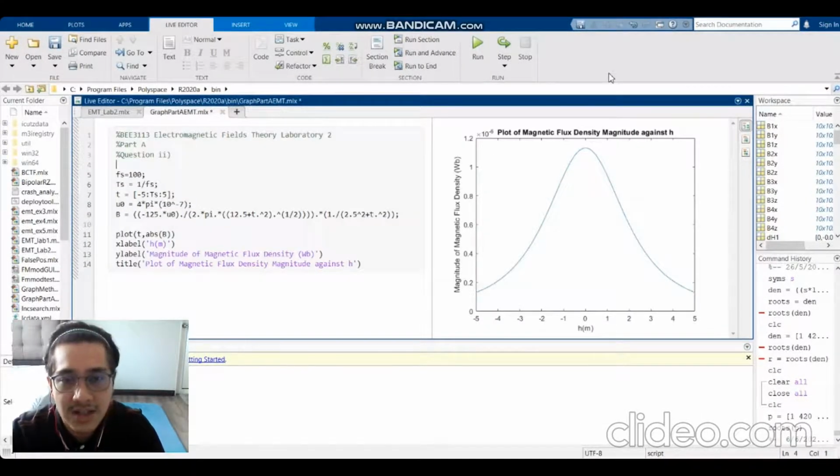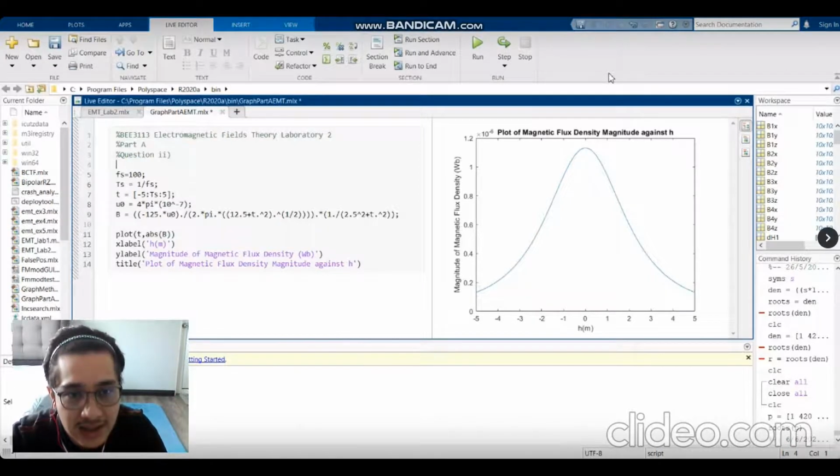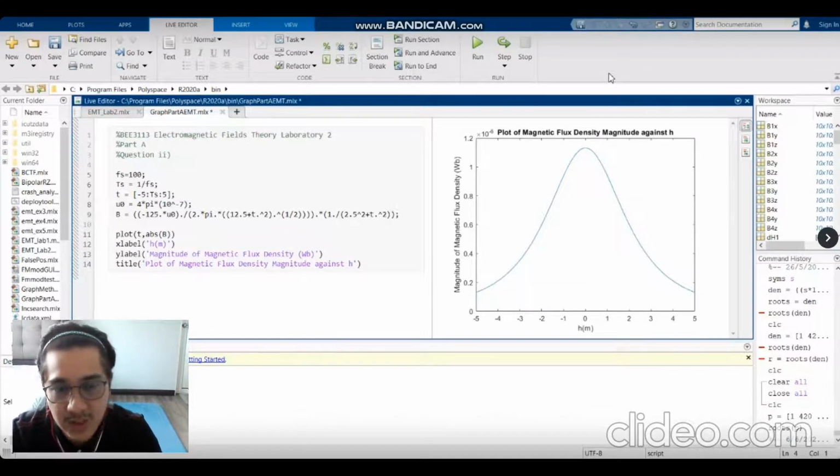So next, I will explain part B, question B. Basically, the coding is the same as, or similar to, part A, question 2, so I will skip explaining this because my friend already explained it.